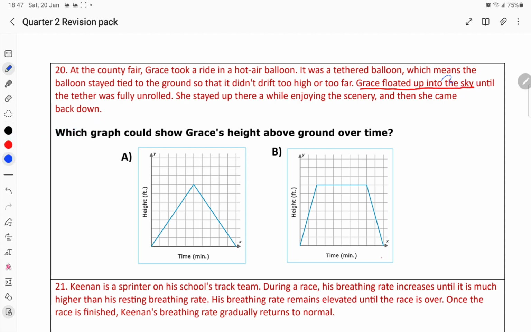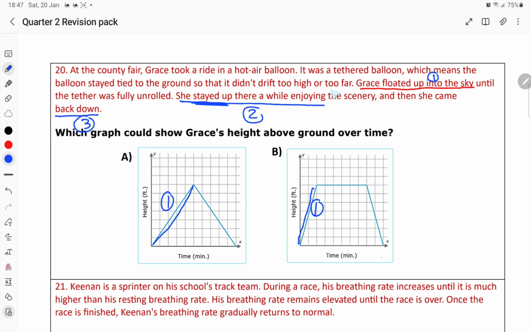Very good. So step 1, she went up to the sky. She stayed up there a while enjoying the scenery, and then she came back down. So it's now step number 3, she came back down. Here, yes, it went up. And here also, yes, it went up.